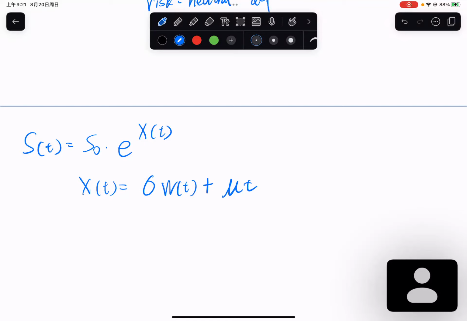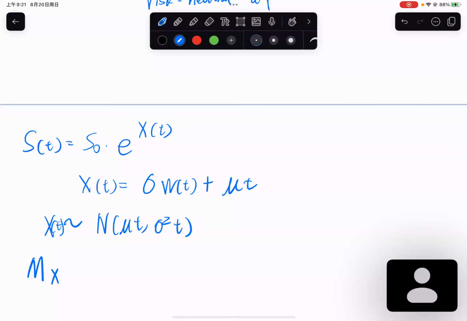So we know that Xt is going to follow a normal distribution of mu t, sigma squared t, right? So what's the moment generating function? The moment generating function of Xt according to s is e to the mu t s plus sigma squared t s squared over 2.